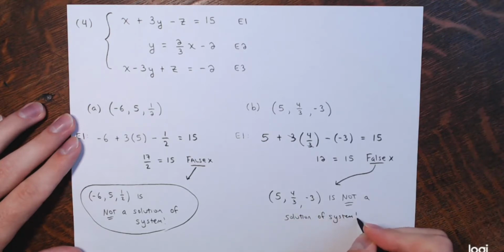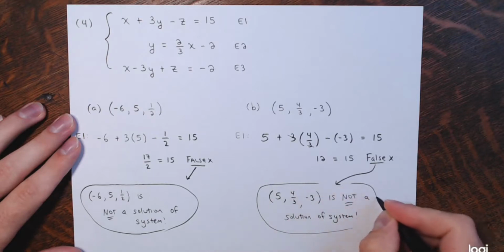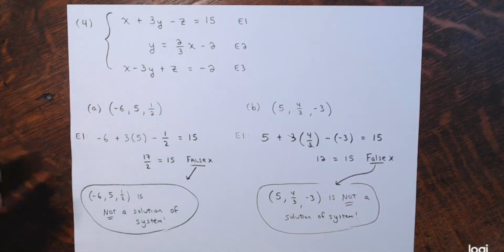In all those examples, all 4 examples, all 8 parts I did, all 8 ordered triples, only one of them ended up working. And that doesn't mean anything. You just keep checking. You might come across more where they do work.